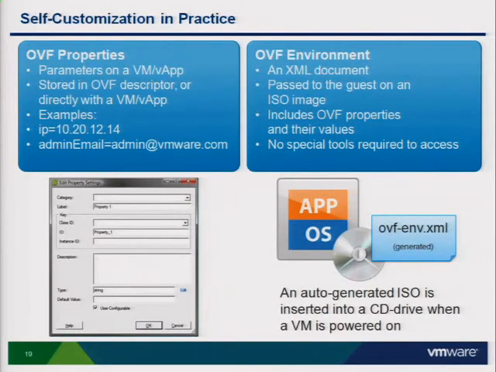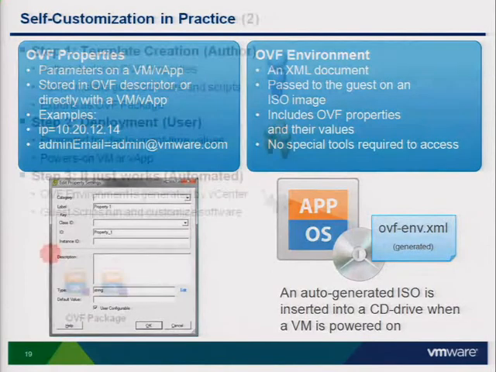So vCenter will generate an ISO image automatically for this VM, and on that ISO image, it will put a text file. That text file happens to be an XML document that has these key value pairs. And the nice thing about this low-tech version is that it works with any OS you want to use. It can be read by pretty much any tools you want to use, whether you want to write Perl or Python or .NET or something.